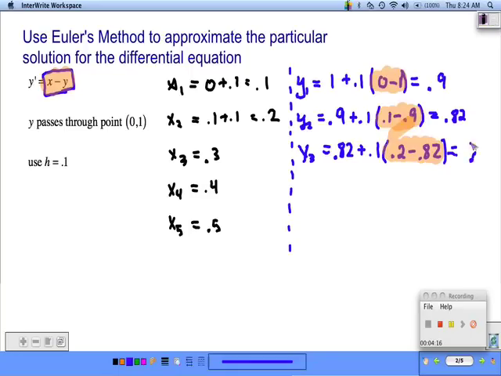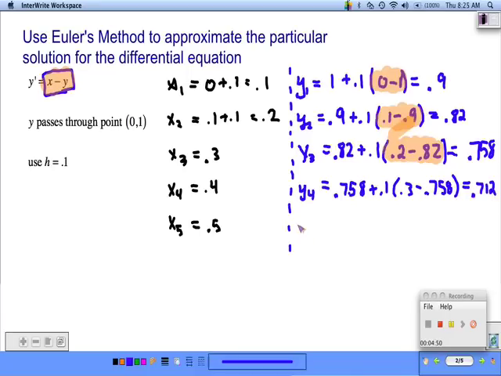And then we can do y sub 4. We're taking the previous y value plus our step times our function, 0.3 minus 0.758, and that equals 0.712.